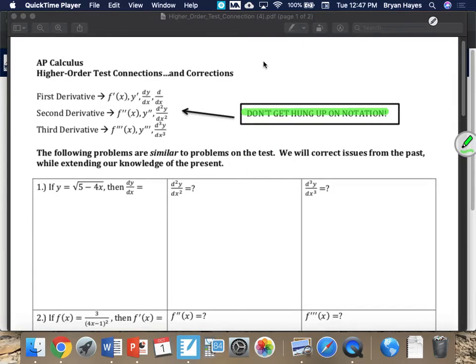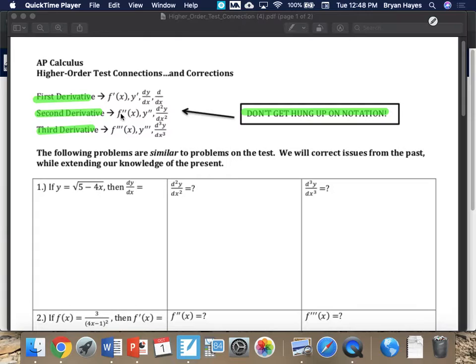There are several different ways that we can represent derivatives. Here we've got our first derivative, second derivative, and our third derivative. Notice our notation for primes: this would be f prime of x, the first derivative, y prime, the derivative of y with respect to x, or just the derivative with respect to x.